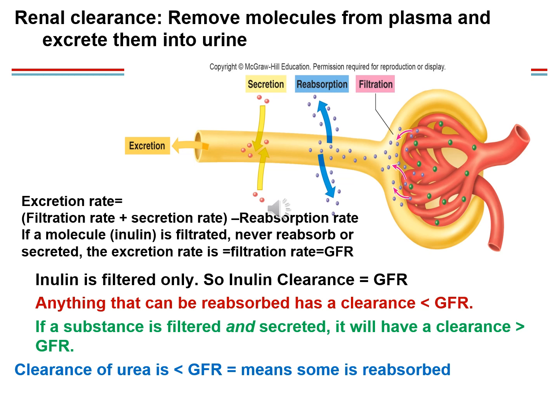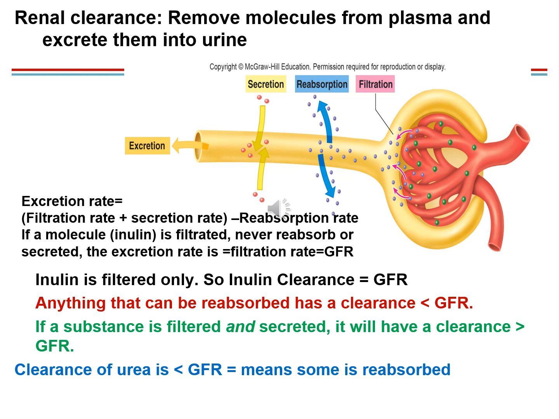Because inulin is 100% filtrated, but is never reabsorbed and never secreted into the tubes, the value of that inulin in the urine that we collect after that specific amount of time represents the glomerular filtration rate.